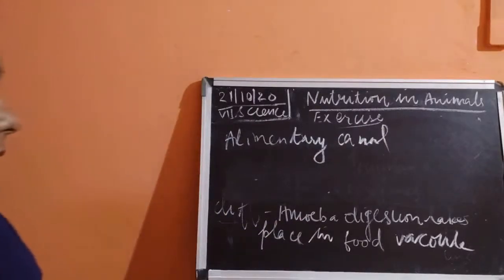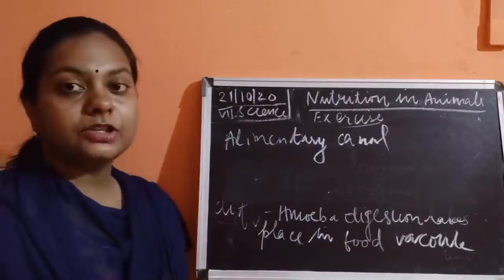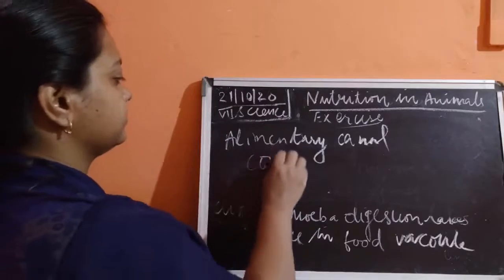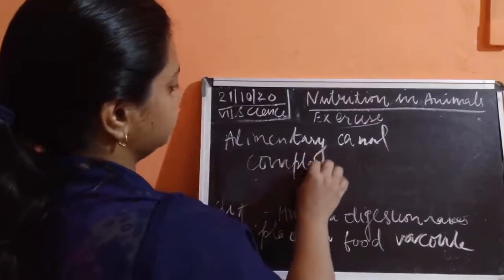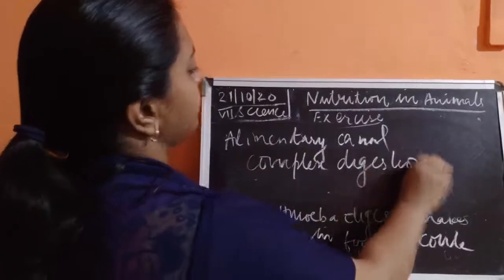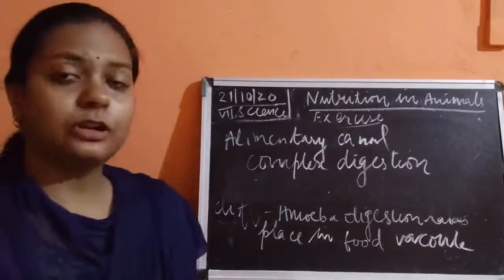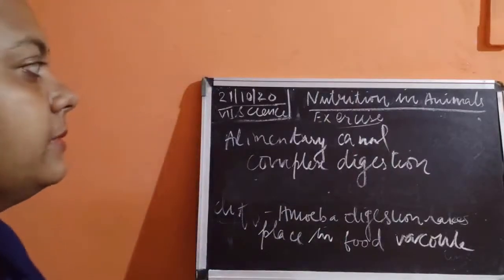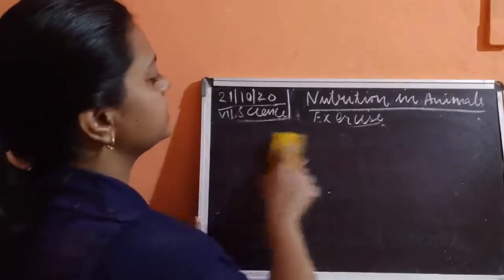Now the next part is, alimentary canal is there, and digestion is complex. So complex digestion. Whereas in the amoeba, simple digestion is taking place, cyclosis occurs, but in human beings, no cyclosis occurs.